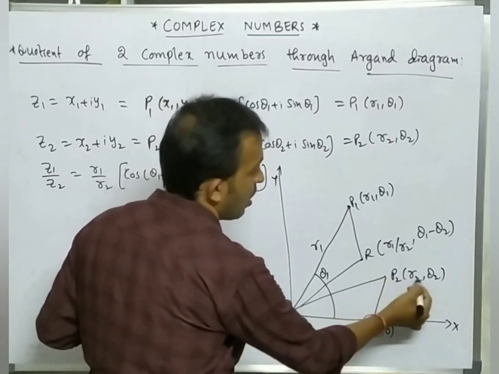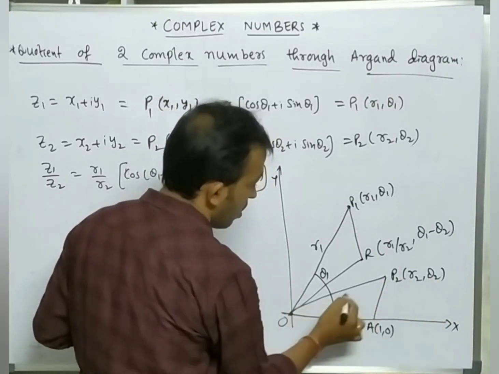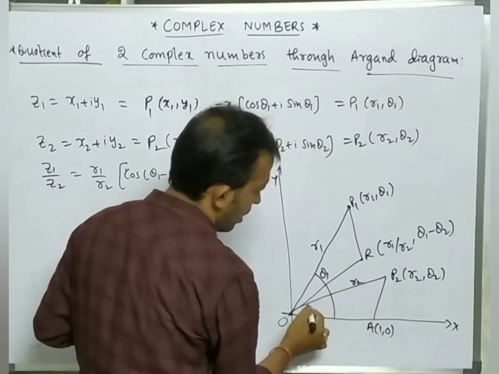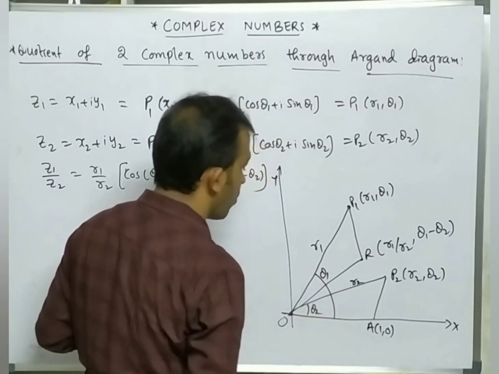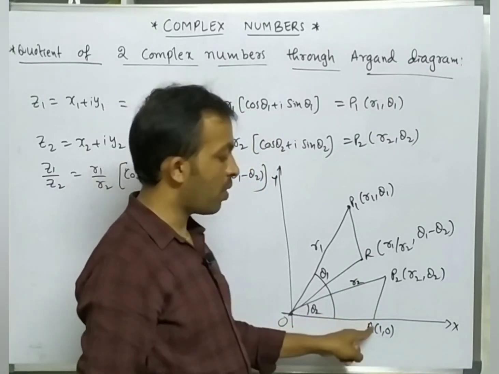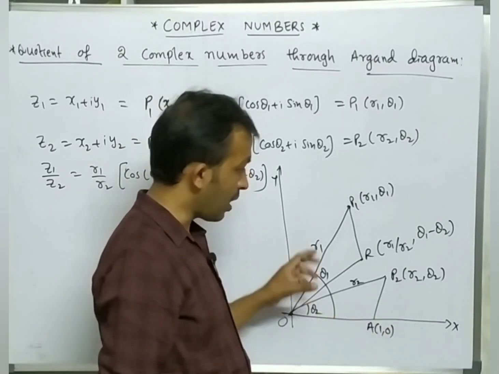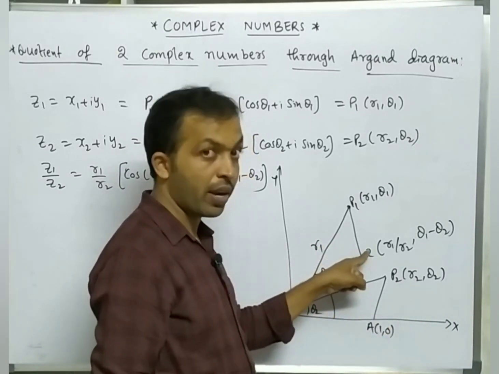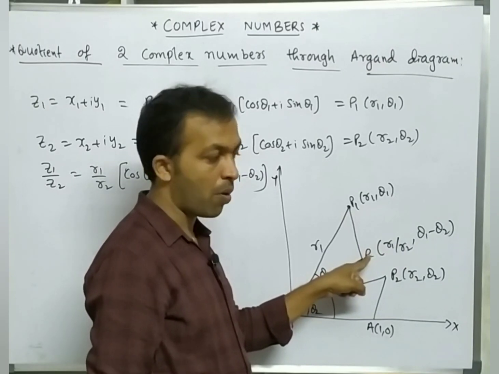P2 is r2 comma theta 2, this length is r2 and this angle is theta 2, right? Now I am taking a point A, 1 comma 0, on the x-axis.